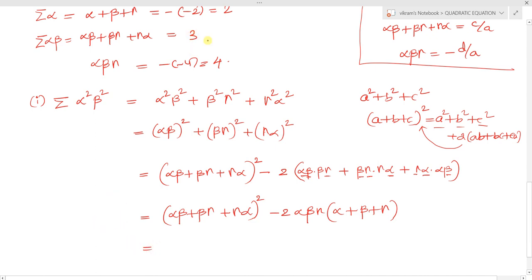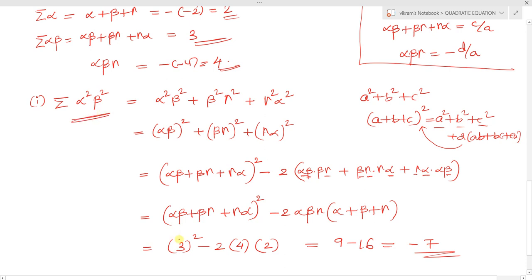Alpha beta plus beta gamma plus gamma alpha is 3, so 3 square minus 2 into alpha beta gamma, which is 4, into alpha plus beta plus gamma, which we obtained as 2. So this equals 9 minus 16, and the result is minus 7. The first answer, summation alpha square beta square, is minus 7.